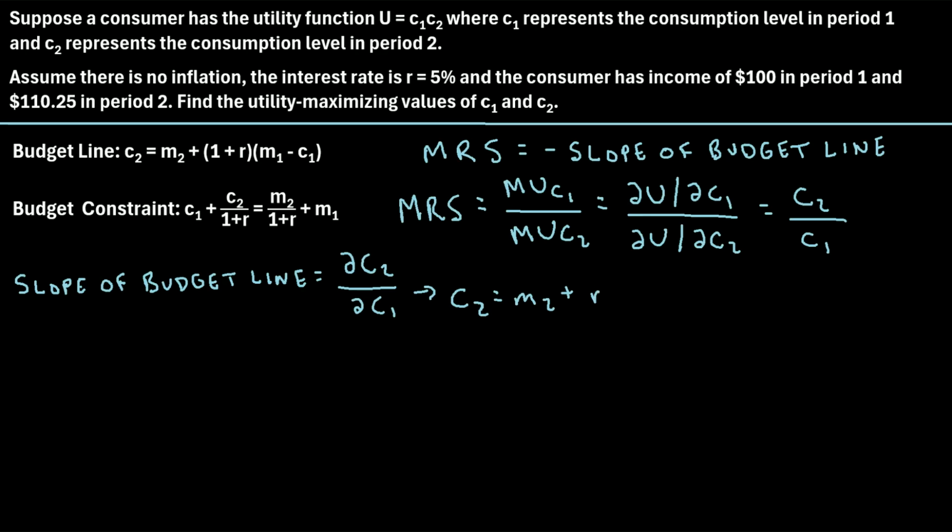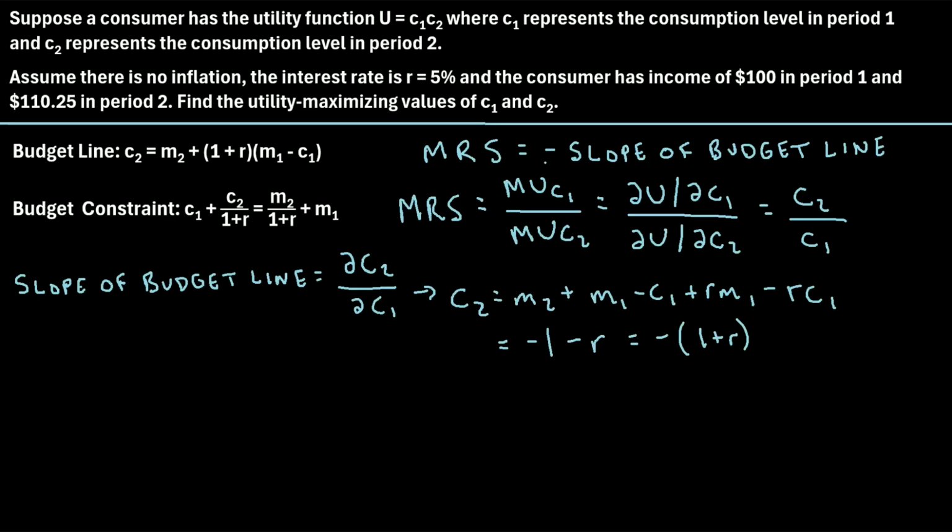So we would get M1 minus C1 plus R times M1 minus R times C1. The derivative of this term with respect to C1 is negative 1. And then the derivative of this term with respect to C1 would just be negative R. And if we pull out a negative sign, this is the same as negative 1 plus R.